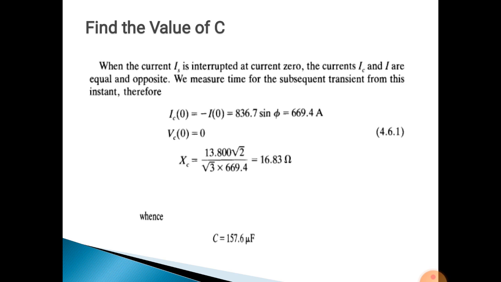And then C is equal to 1 by 2 pi F into XC. In this load switching, already I told you the resistance and inductance are connected in parallel. So the time constant of the parallel circuit TP is equal to RC, so R by L is equal to 1 by TS. We substitute this value in the upcoming equations.